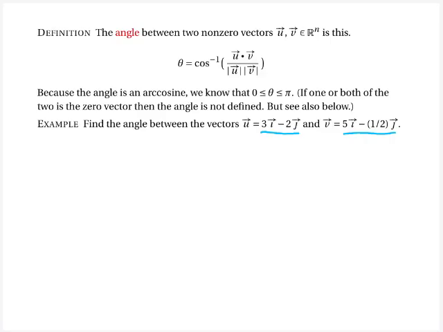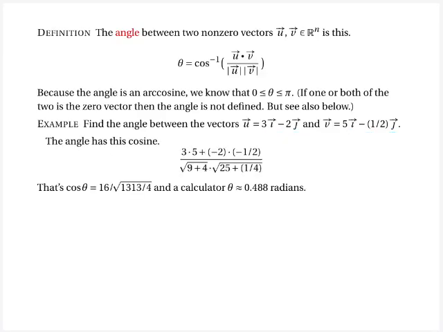So we're taking those to be two-tall vectors. And when you do, the computation is just following the formula on the top of the page here, and I happen to get 0.488 radians. Anybody can make a mistake, but I happen to get 0.488 radians. Okay?